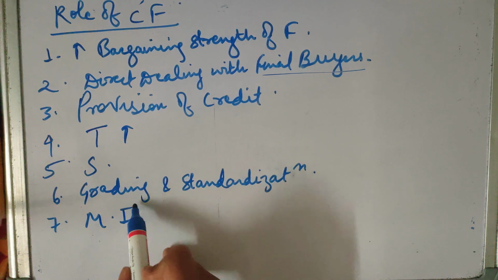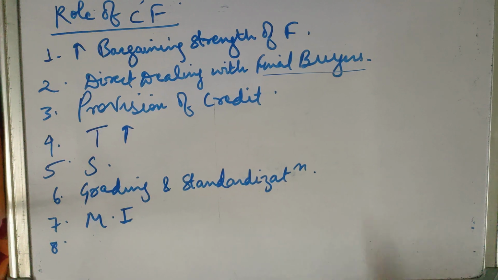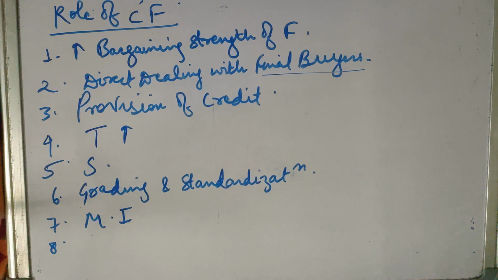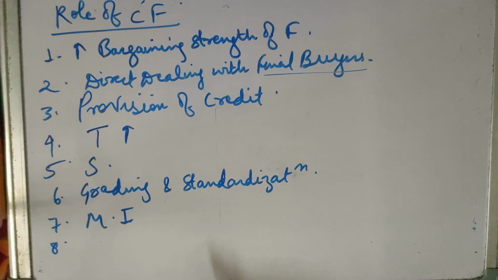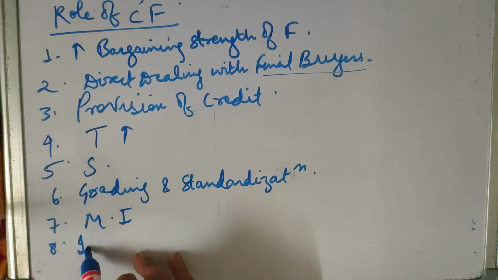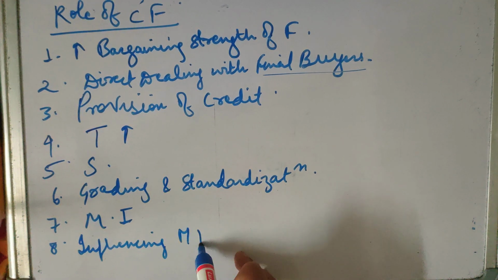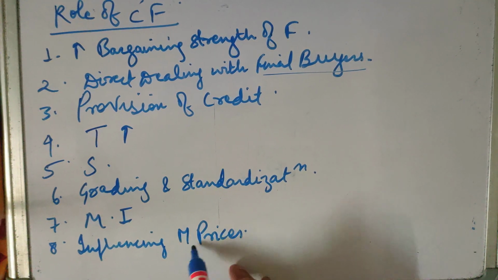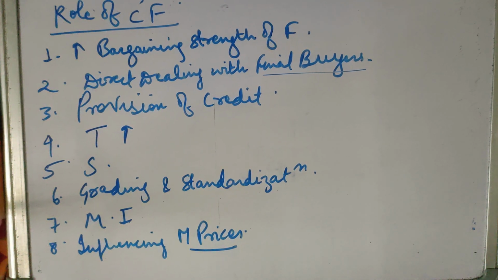Market intelligence: I taught market intelligence in the previous lecture, but cooperative farming also helps in market intelligence. It helps in influencing market prices. As the produce is in a huge amount, they can influence the market prices.